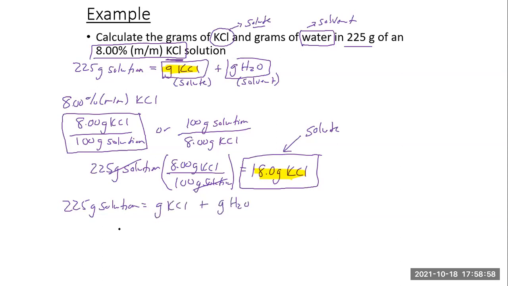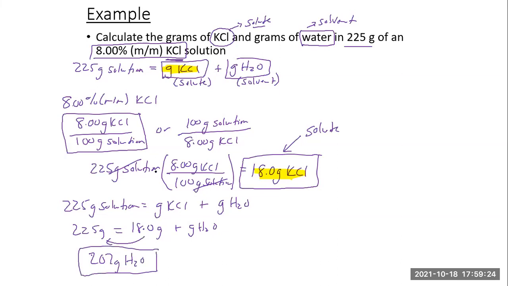And now that we know how many grams of KCl there are, 225 grams will equal 18 grams plus the grams of water. Subtracting my 18 to the other side gives me 207 grams of water in this case.